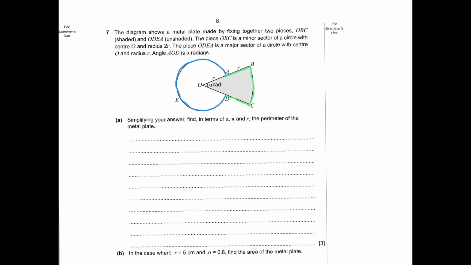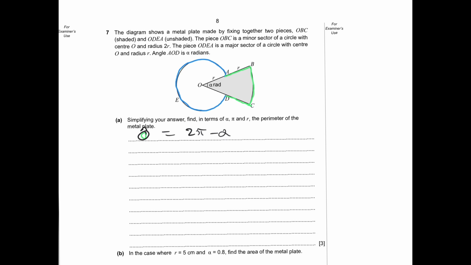So if I'm to find this part first, what do I need to do? Obviously, I need to have the angle, this angle here. How do I get that angle? It's going to be 2 pi, because that's a full revolution, minus alpha. So angle O is going to be 2 pi minus alpha. So obviously that's the angle that we have to use.